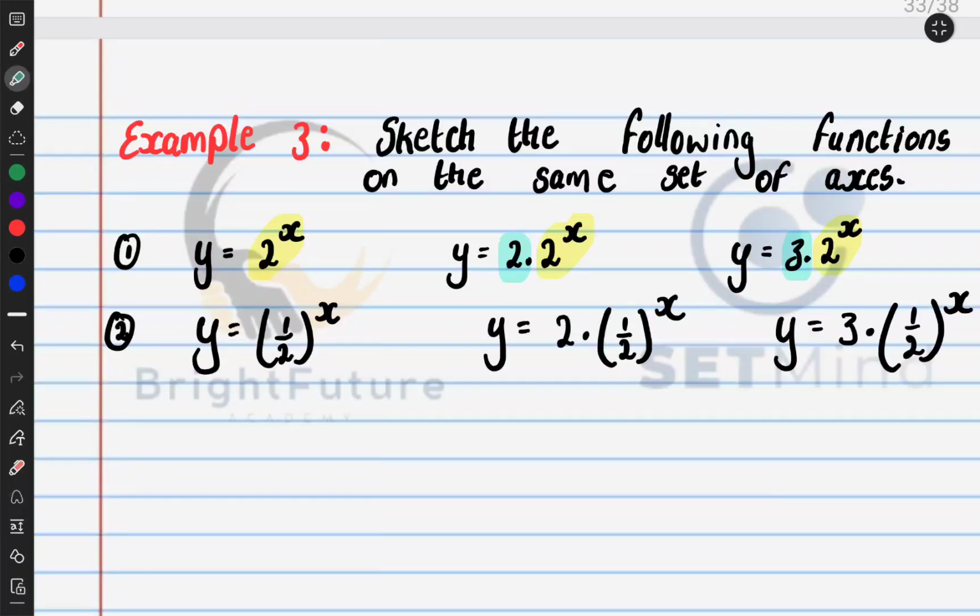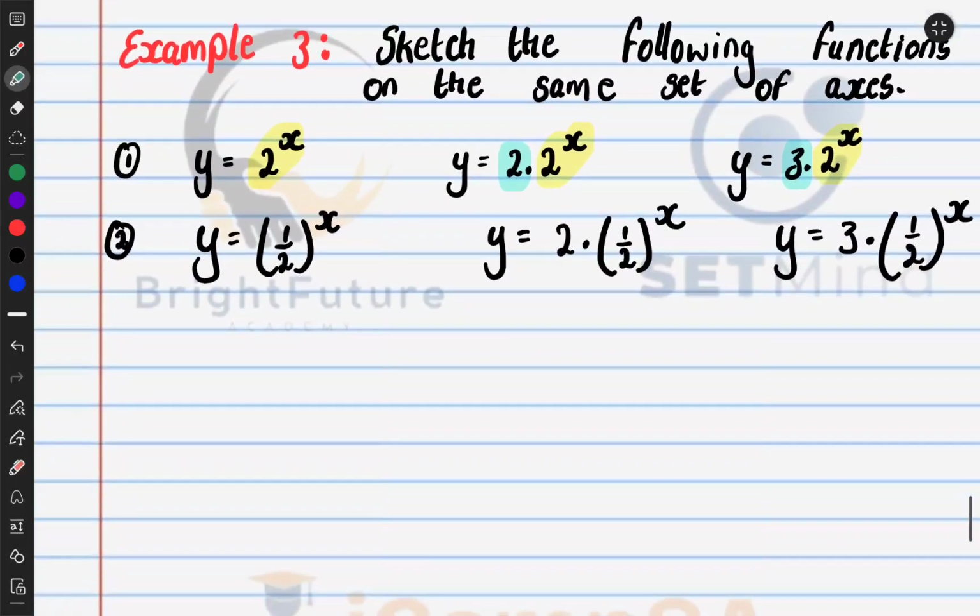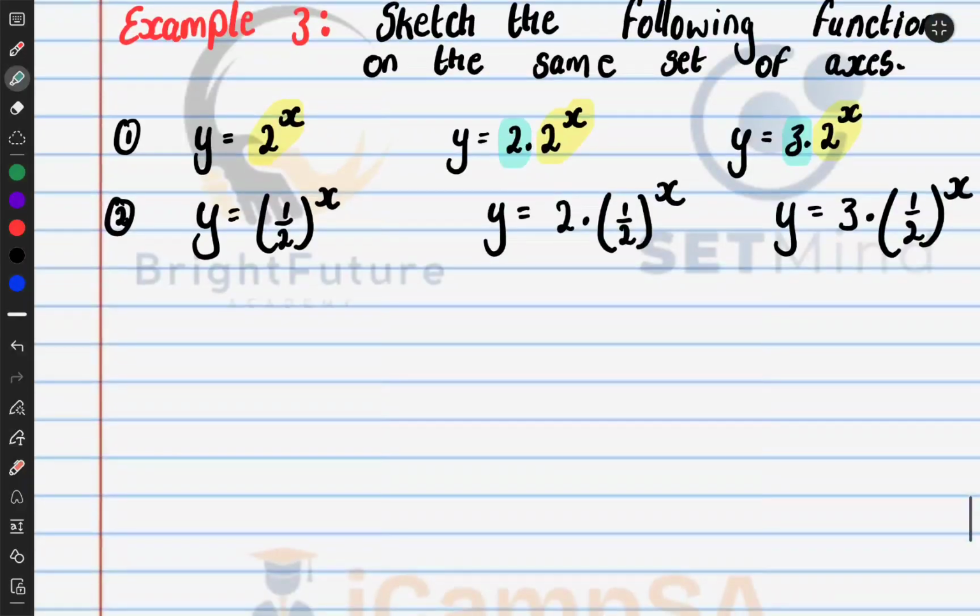Let's go ahead and sketch these functions and see what we come up with. We'll sketch the functions in number 1 on the same set of axes, and the functions in number 2 on the same set of axes.